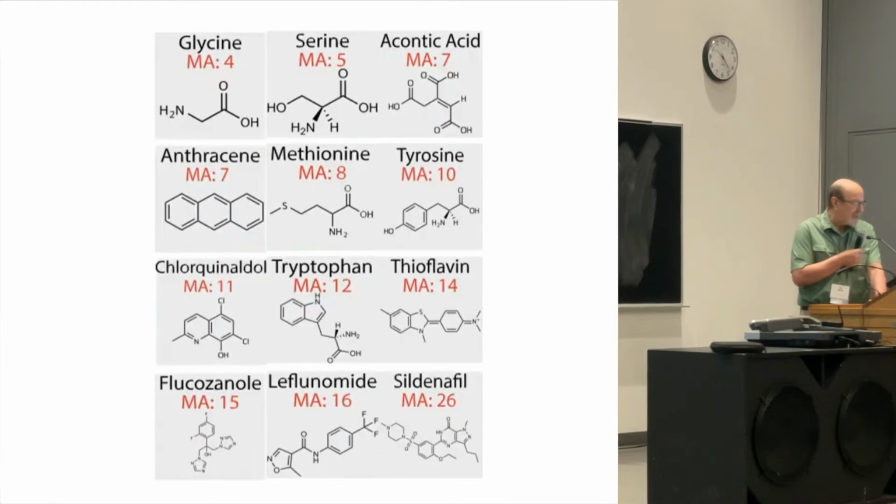Here are some more examples. Notice that most of the amino acids are fairly low numbers. There's only a few numbers here that are above that threshold that I mentioned, and one of them is a drug called sildenafil. I don't know what that is, but there are some other things here.